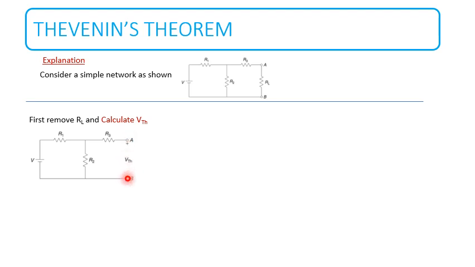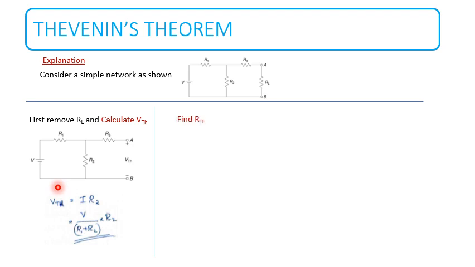From this diagram, it is clear that the voltage across A and B is the same as the voltage across the resistor R2 because the current through R3 is 0. So this voltage and this voltage will be the same. That is equal to I into R2, where I is the current. That will be equal to V divided by R1 plus R2.